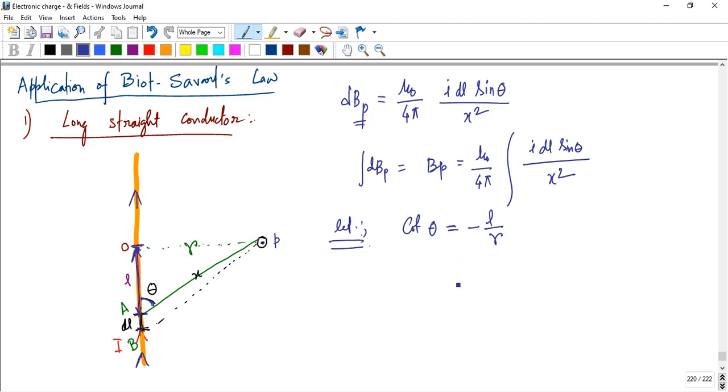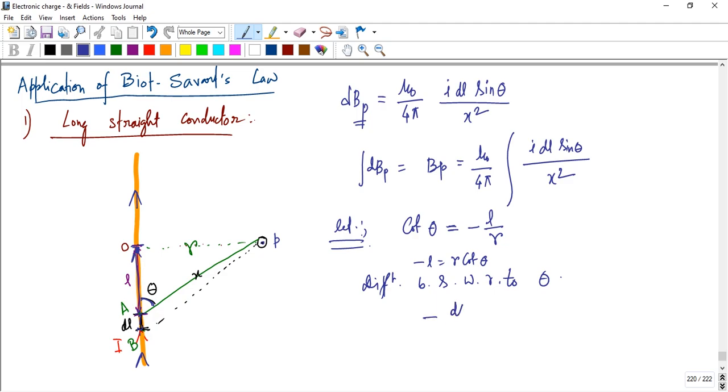Now minus L equals R cot theta. Now differentiate both sides with respect to theta.